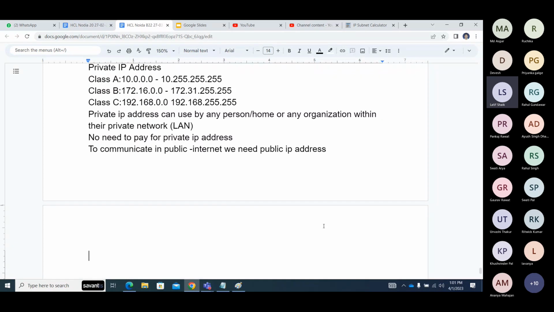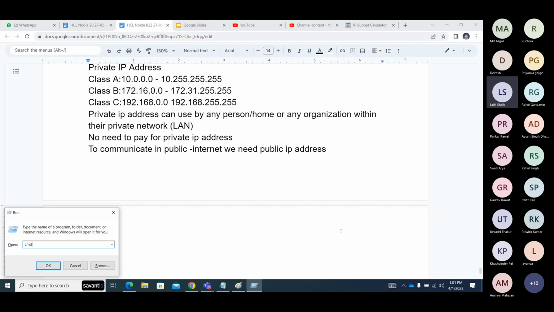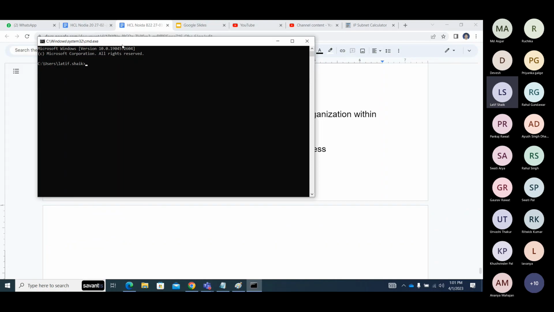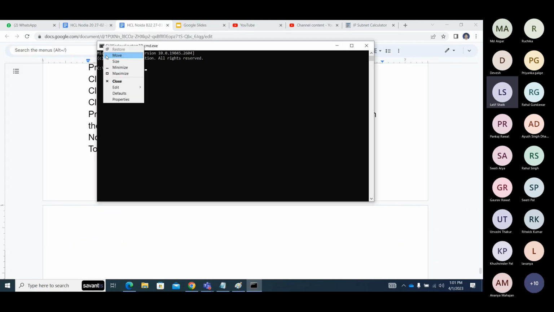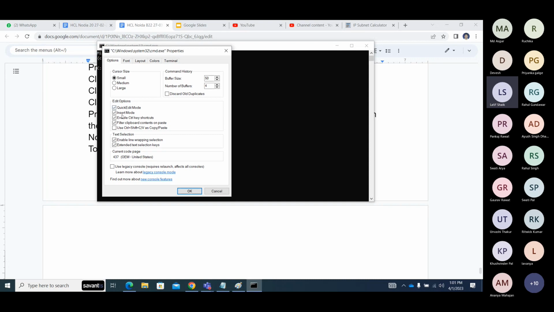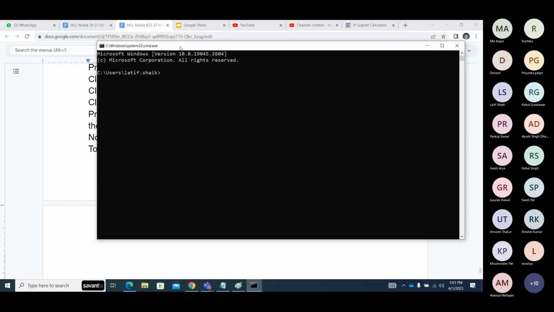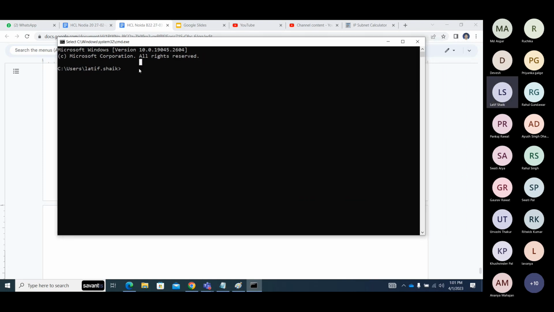How can you know what your public IP is? Guys, how do you check your IP address? Simply use the command called ipconfig. One second, I will try to increase the size. Somewhat better. ipconfig.